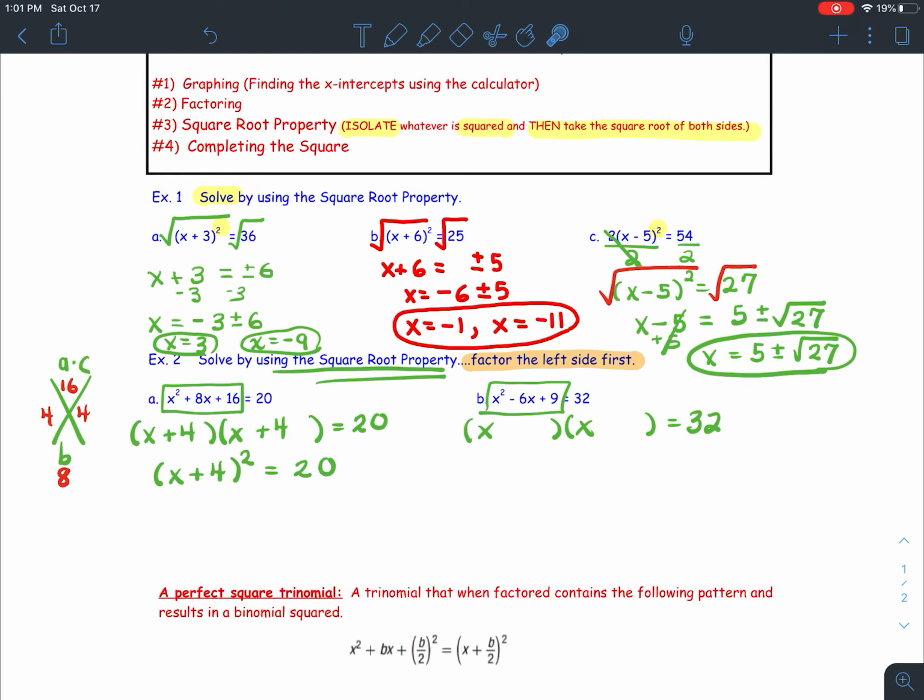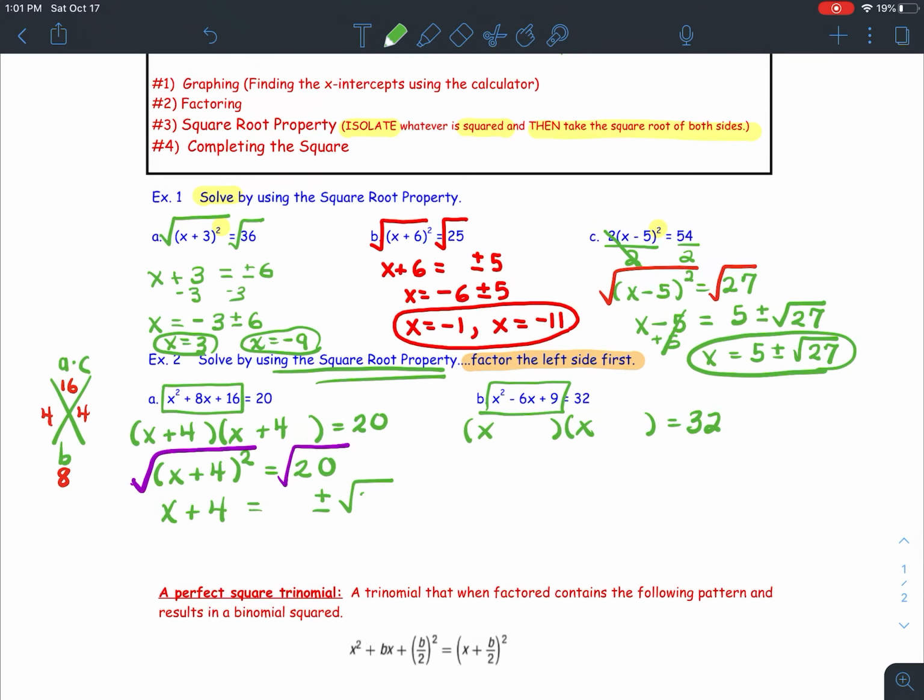Now once I have it written like this, it looks really similar to how these original problems looked up here in the 3 examples that we just looked at. We're supposed to make sure that we're isolating what's being squared. I think that's the only thing on the left side. So I'm going to proceed by taking the square root of both sides of the equation.